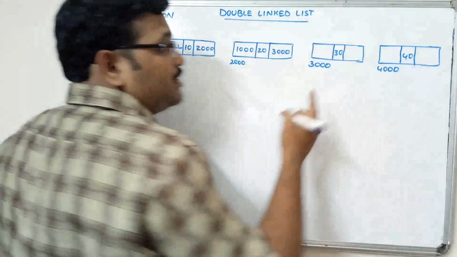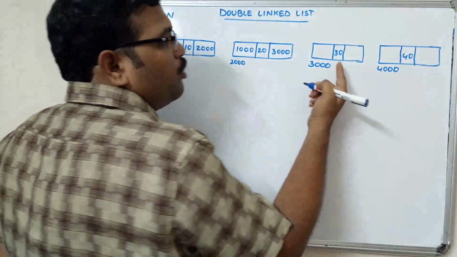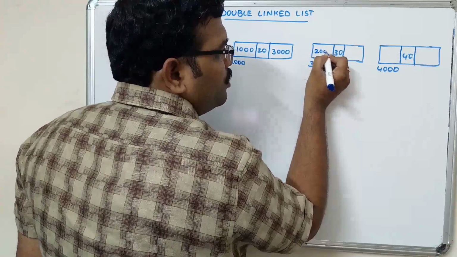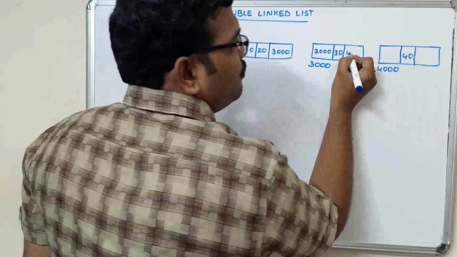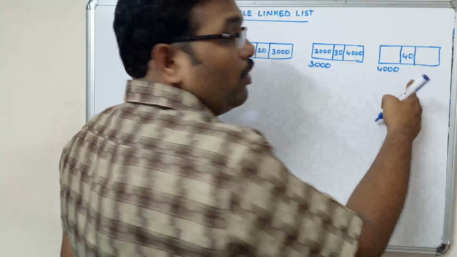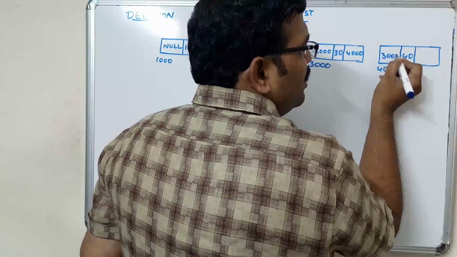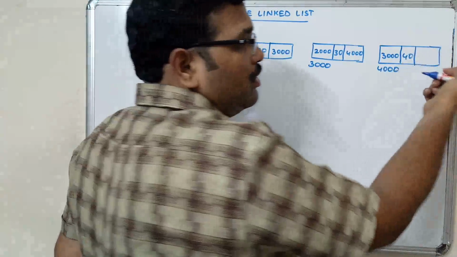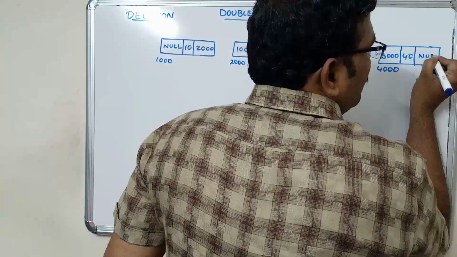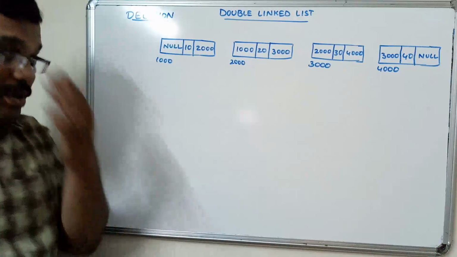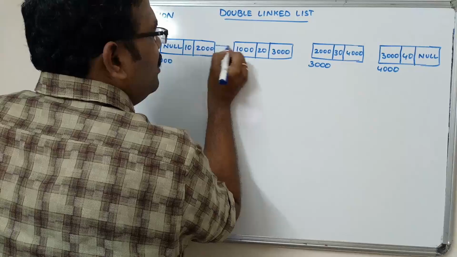Next, coming to 30, previous is 2000 and next is 4000. Coming to 40, it is the last element, so previous is 3000, and next is filled with null. Hope you understood.